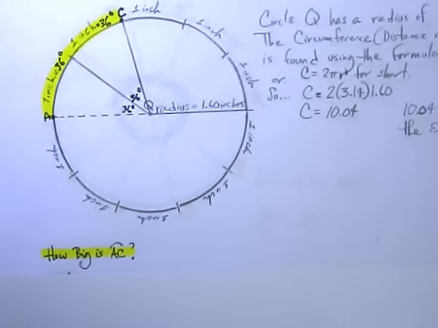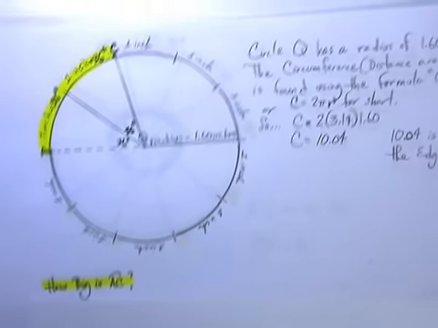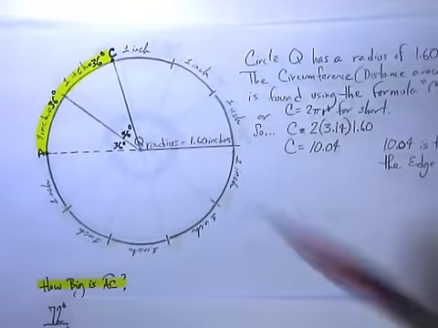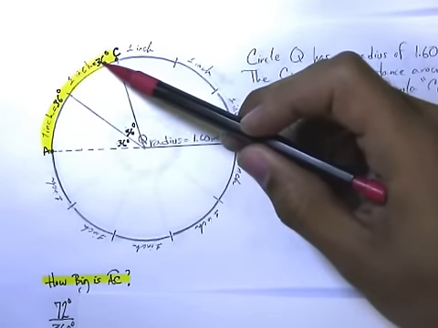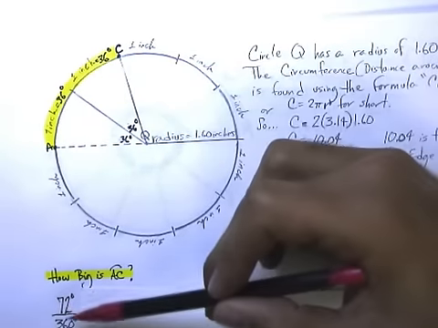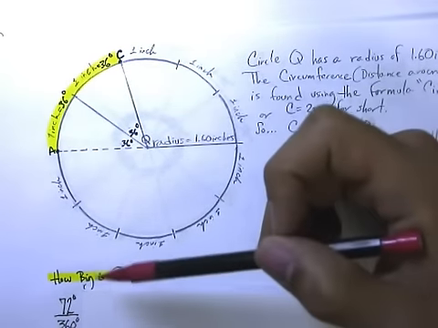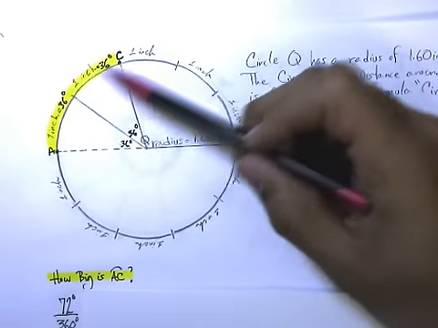So let's take a look here. How big is my arc AC? Well, first things first, my arc is actually 72 degrees. It's 72 degrees long. But it's 72 degrees out of a total of 360 degrees.